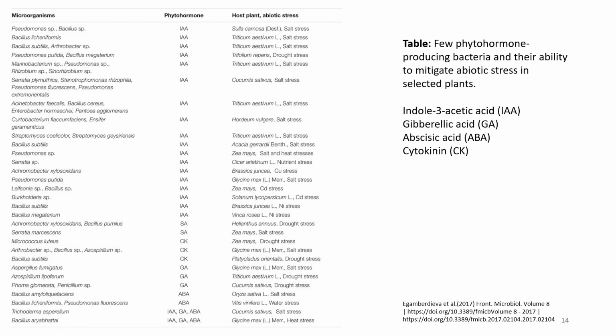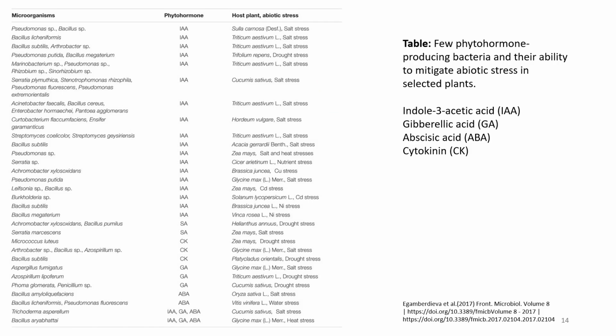For example, these Pseudomonas species and Bacillus species produce indole acetic acid in certain plants like Salicornia, and then we have Bacillus licheniformis which also produces IAA in Triticum aestivum, and then we have a host of other microorganisms which produce indole acetic acid in diverse plant systems like Cucumis, Hordeum, Acacia, Zea mays and so on.